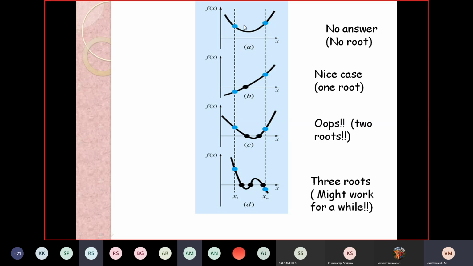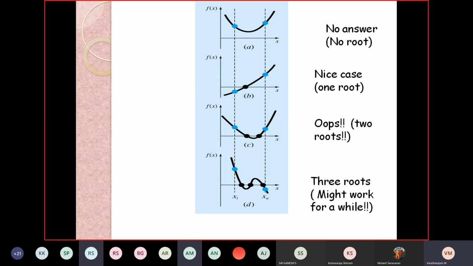Concerning B, it meets your x-axis at one particular point, therefore it has one root. In the third case you have two roots, and in your fourth case you have three different roots. Here there are two dotted lines I have given, which reveal the boundary zone for finding the results.